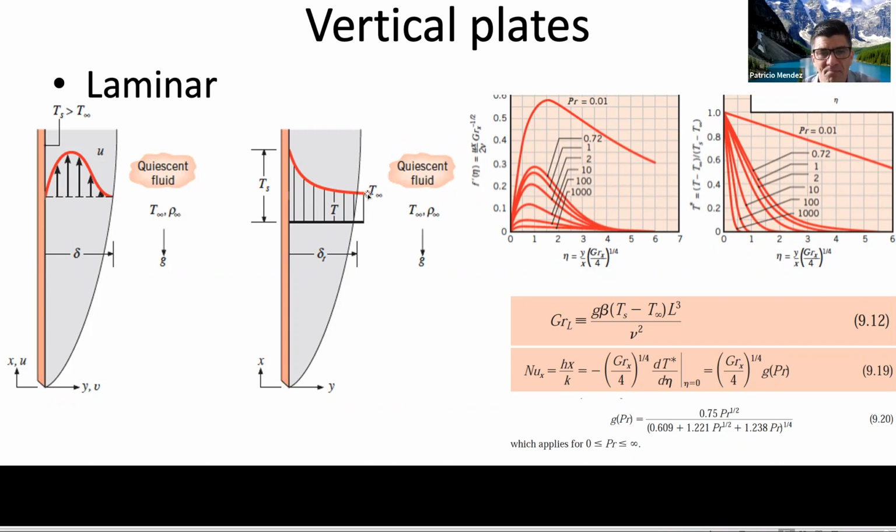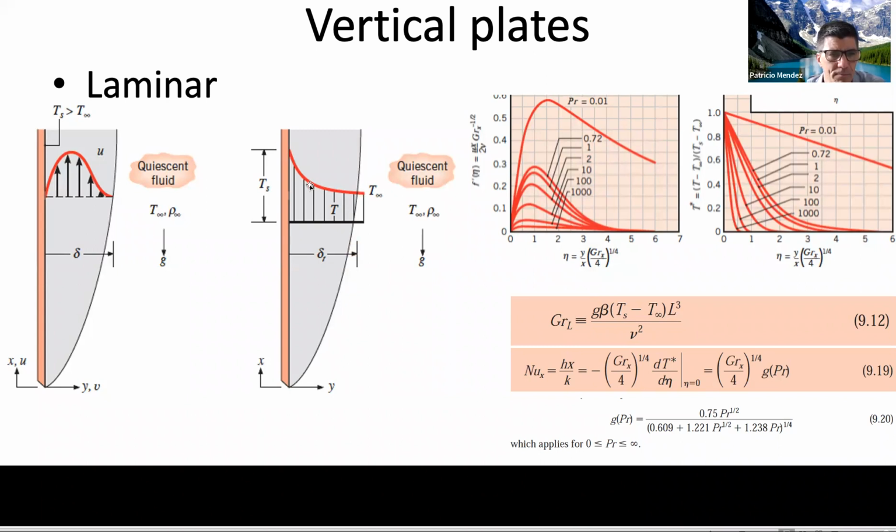In that aspect, this boundary layer doesn't have exactly the same shape, but looks very much similar to the boundary layers we know from forced convection, right? High on the plate and goes to a constant value. And this thickness would be the thickness of the thermal boundary layer.